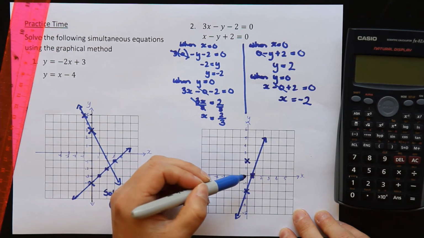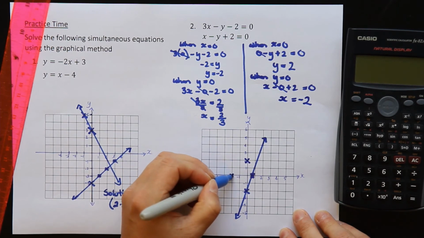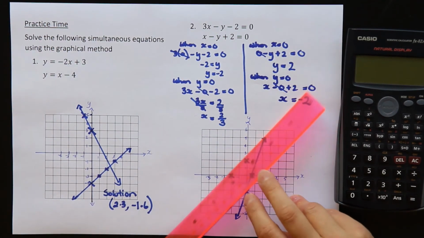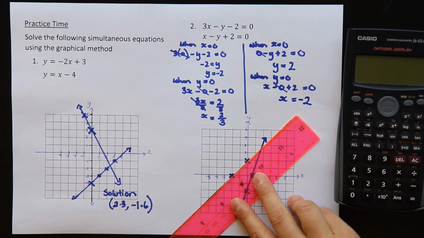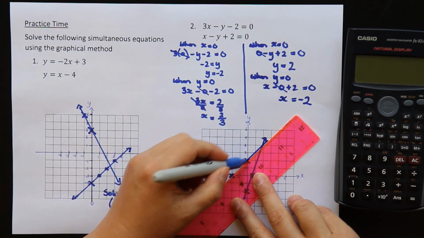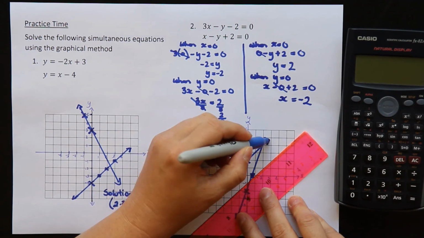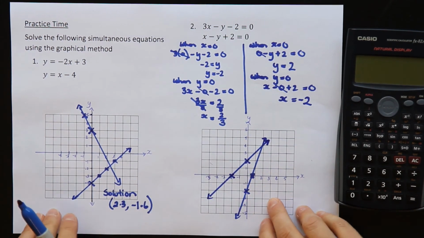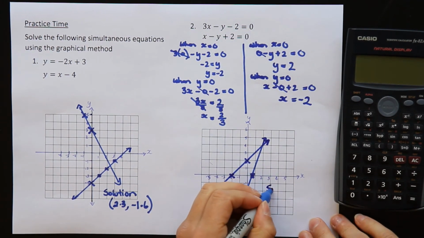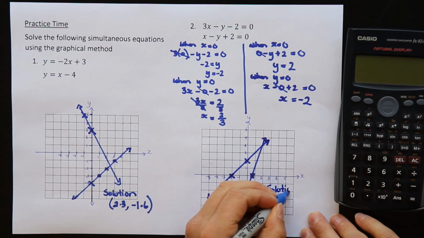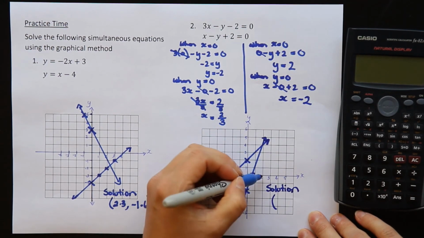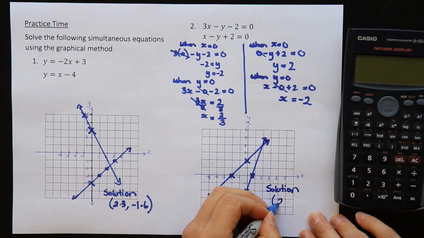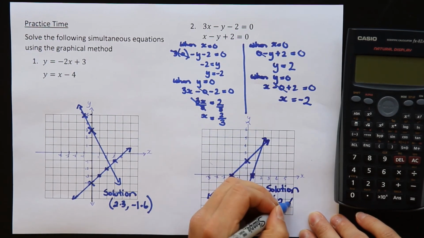When y is 0, x is negative 2. Okay. Now that actually looks like we've come up with quite a nice solution. It looks like, let's write it down. The solution, it looks like it's on the 2 there. X is 2 and y is 4.